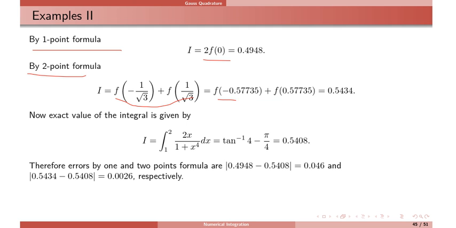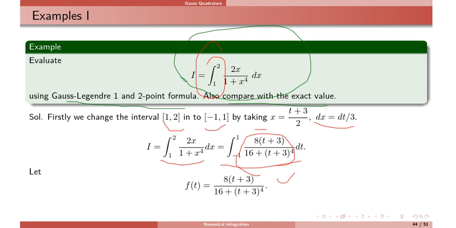Firstly simplify 1 by root 3, this is just 0.57735. So put t equal to minus 0.57735 and then t equal to 0.57735 in the expression of f(t). Just replace t with those values and the answer is this.